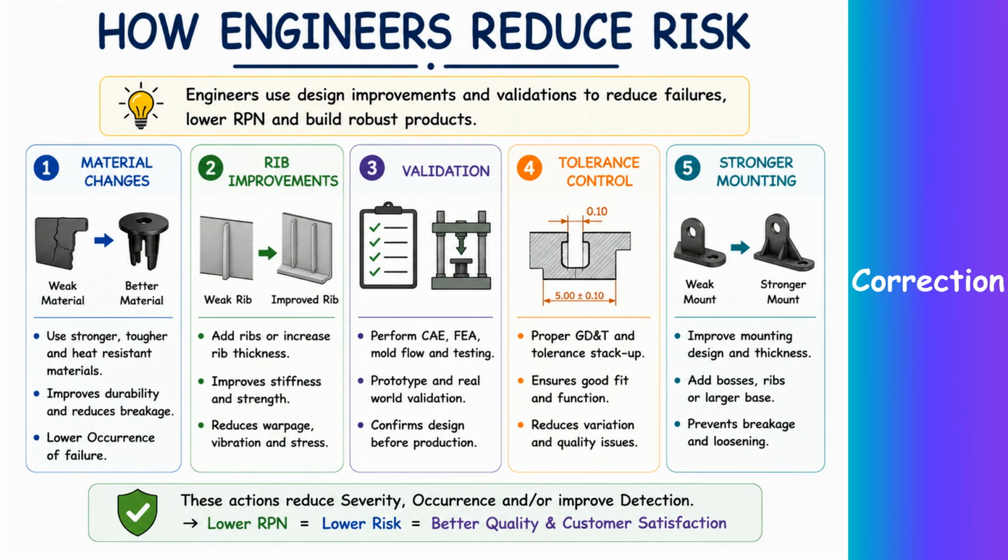Fourth, tolerance control. Good GD&T and tolerance stack-up improve fitment and quality. And finally, stronger mounting strategy. Better mounting improves durability and reduces vibration-related failures. All these actions help reduce severity, occurrence, or improve detection, which ultimately reduces the RPN.